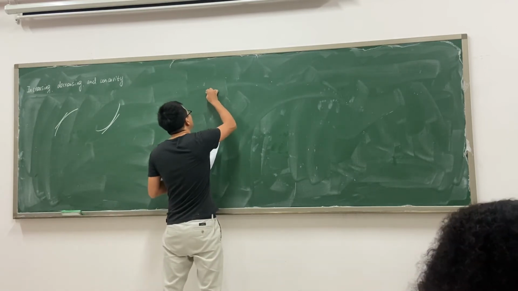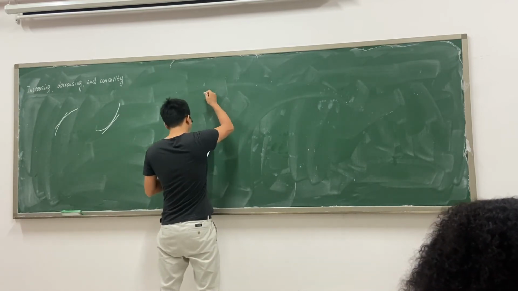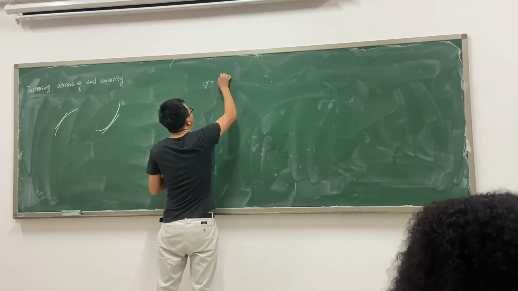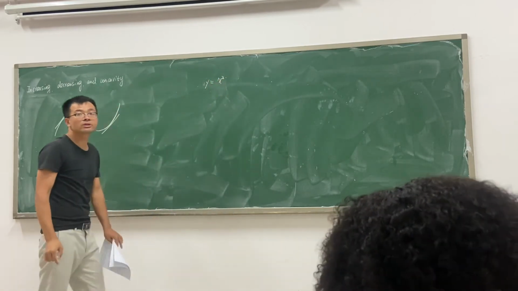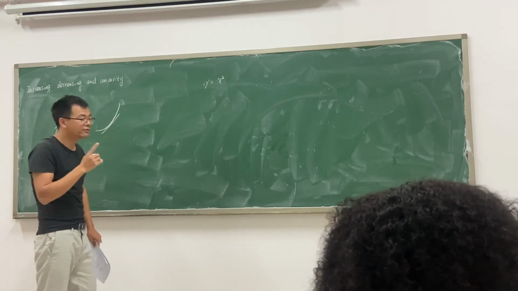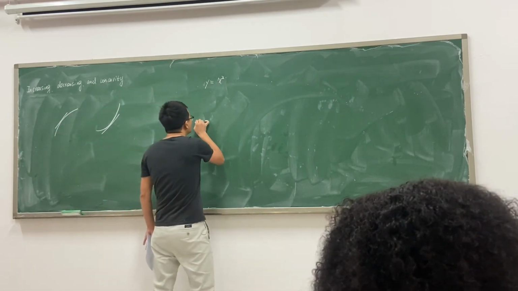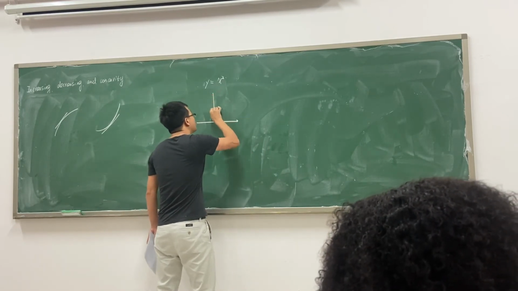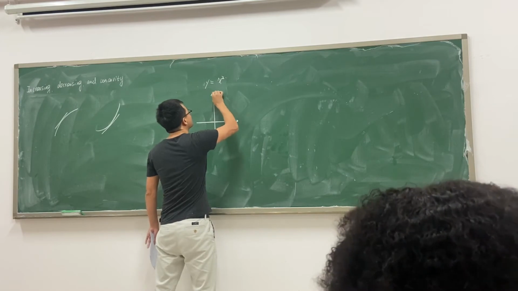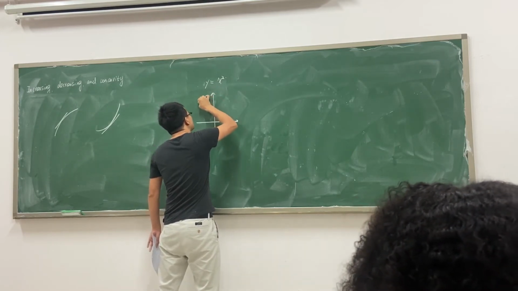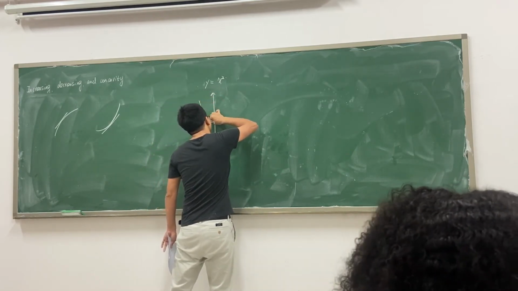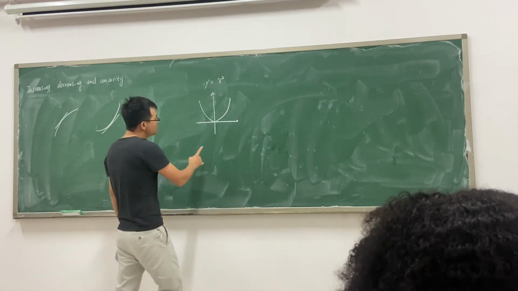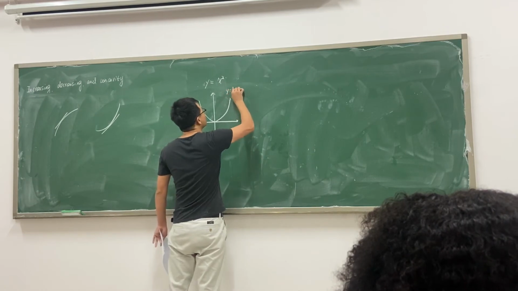For the function y equals x squared, we can plot the graph. So this is the graph y equals x squared.